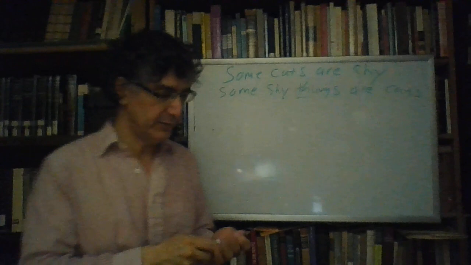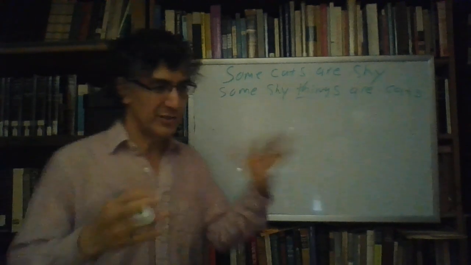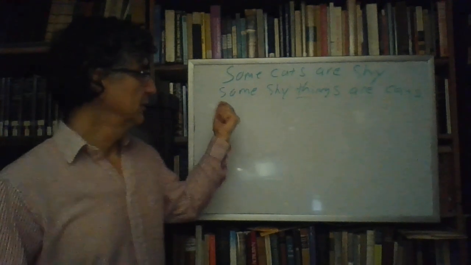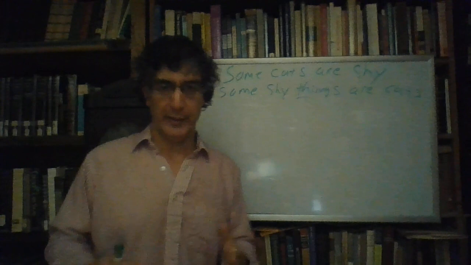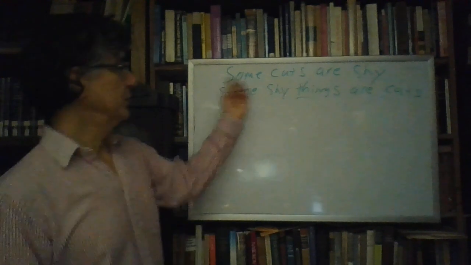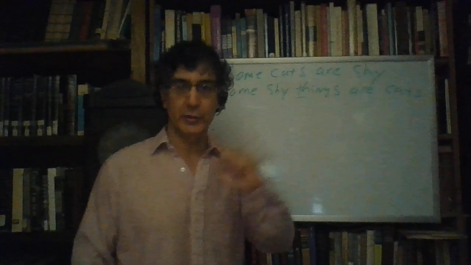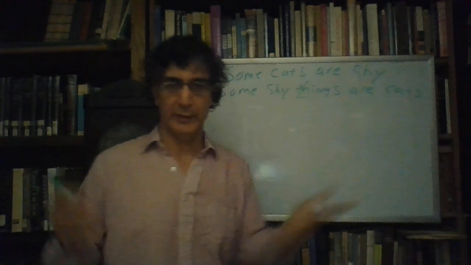Some shy are cats doesn't make sense to us. So when the term is an adjective, you have to do that. From some cats are shy, it becomes some shy things are cats. That's conversion. I can convert an E proposition. I can say no cats are shy and derive no shy things are cats. I'm simply flipping subject and predicate.